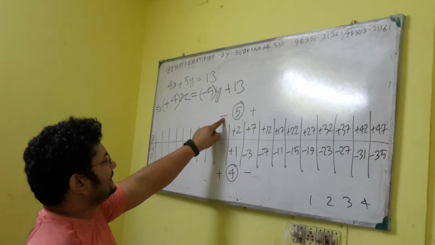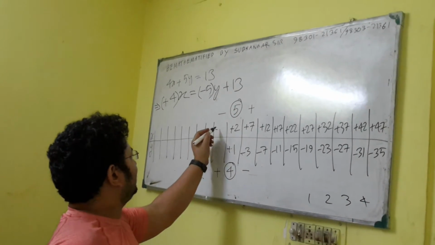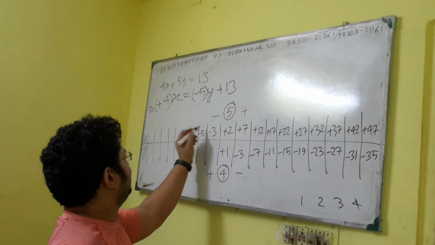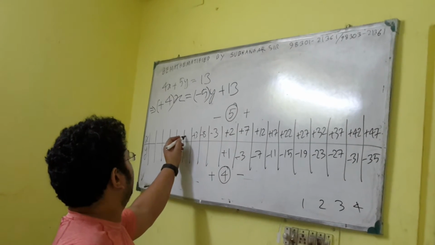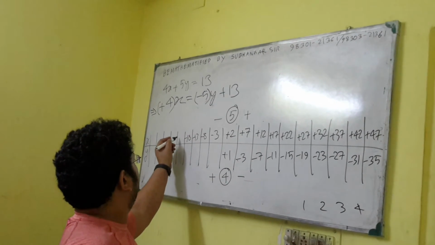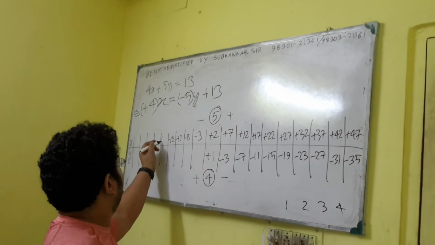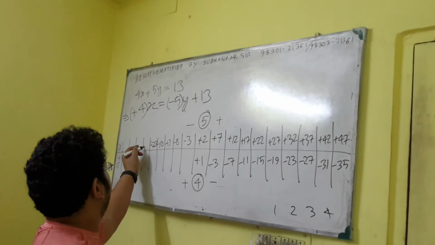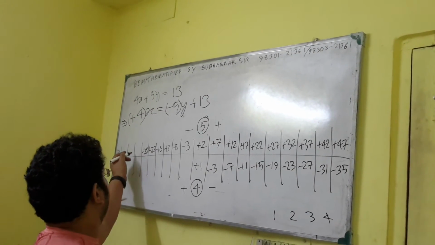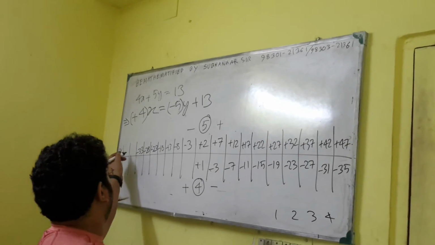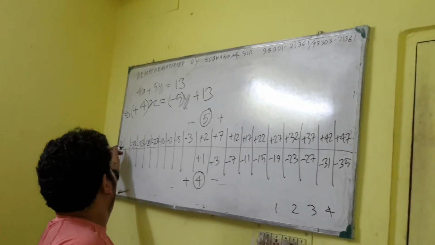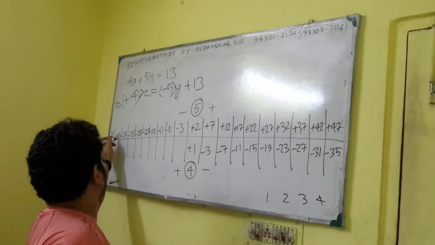In this case it will decrease by 5, so I will get minus 3, minus 8, minus 13, minus 18, minus 23, minus 28, minus 33, minus 38, minus 43.